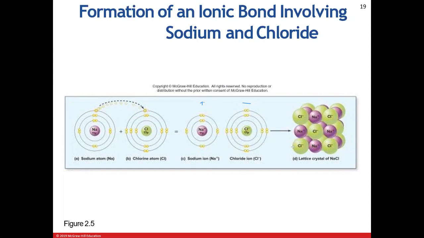You see this lattice where the negative chlorine ion is attracted to the positive sodium ion, which is attracted to the negative chlorine, and so on and so forth. It forms a crystal-like solid of sodium chloride. We'll see the significance of all these positive and negative charges when we start talking more about water.